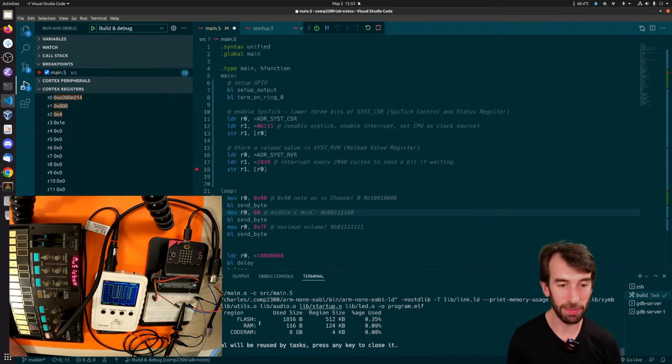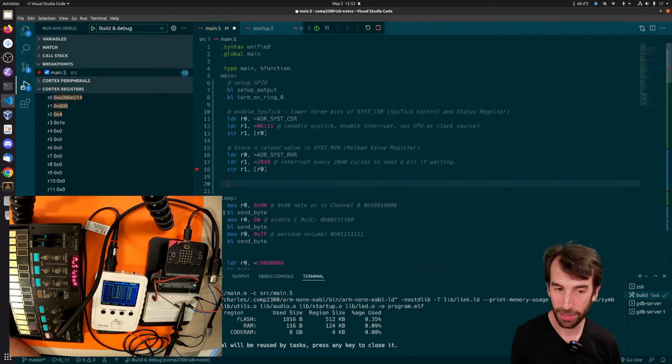Now I told you we're going to make some music, so let's do something more interesting than just one single note. I'm going to make a register I haven't used yet, R5. It's going to be 48, which is 12 notes lower than middle C, and we're going to increase it each time we go through our loop.